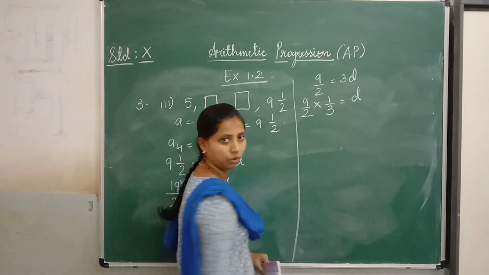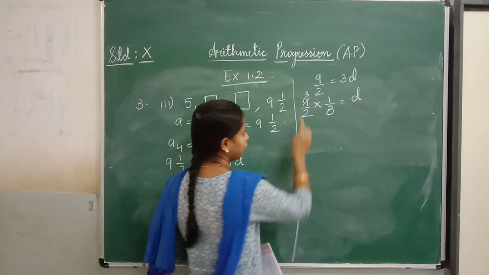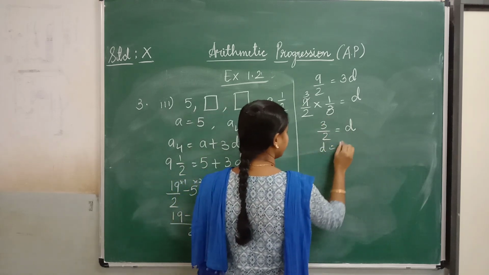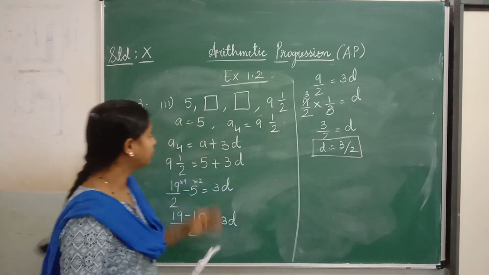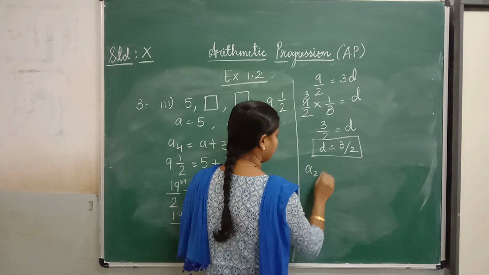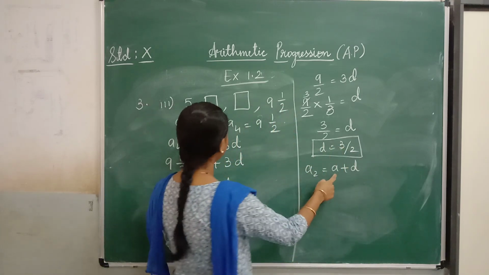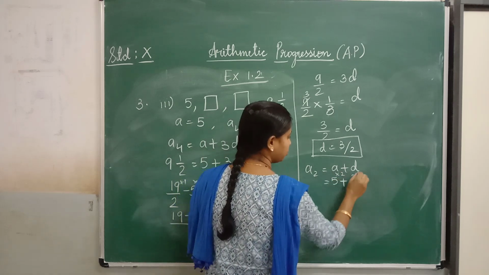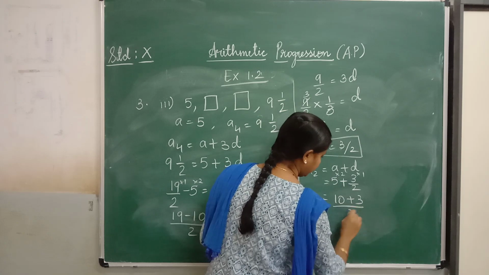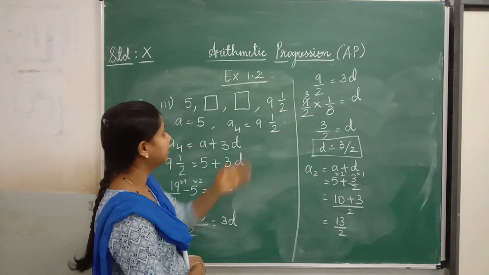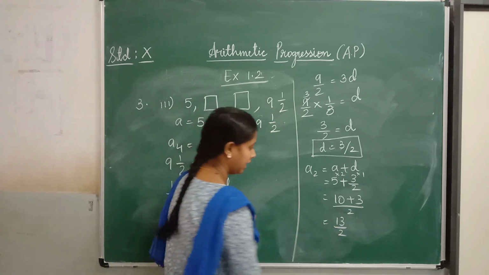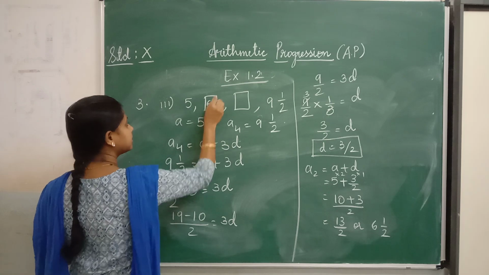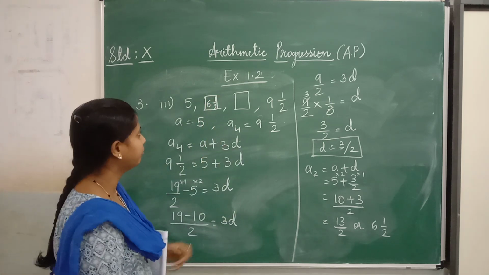So 9 by 2 into 1 by 3 is equal to D. D is 3 by 2. Similarly, you can find the third term.